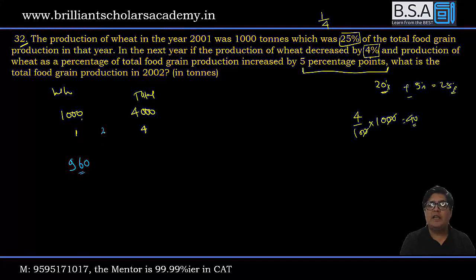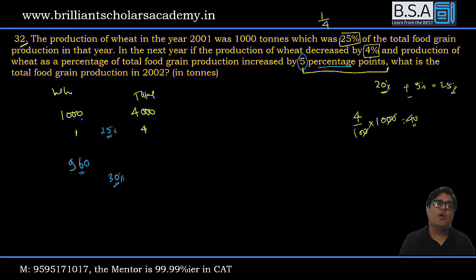It was 25% here. It has increased 5 percentage points. 5 percentage points add kar do, it will become 30% here.